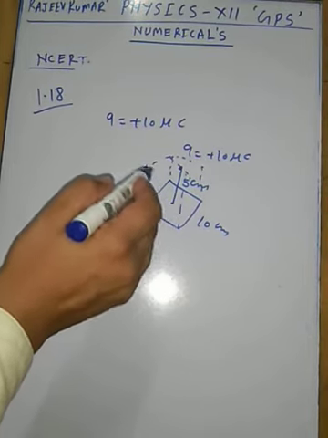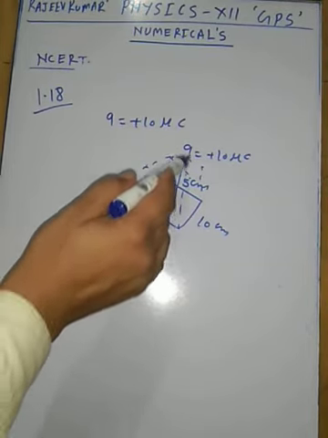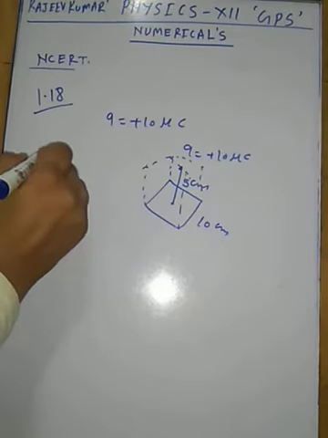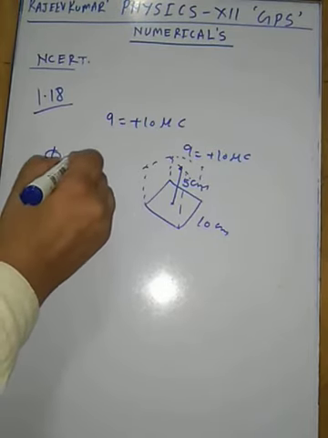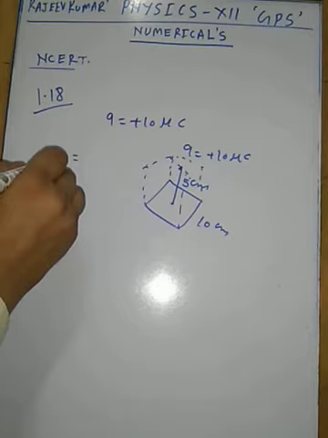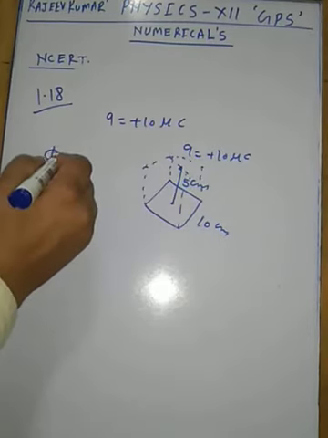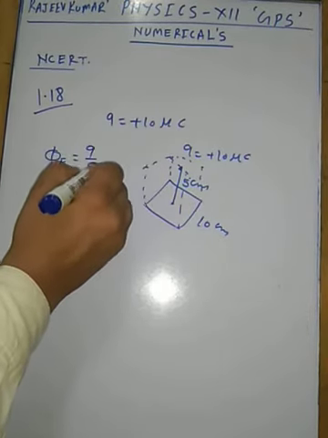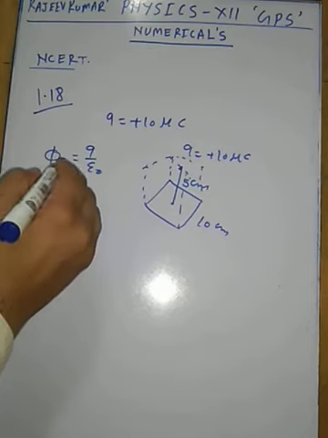Why are we constructing it? Without a closed surface we cannot apply Gauss's theorem. Now we apply it, because we have assumed the closed surface: phi is equal to q upon epsilon naught.